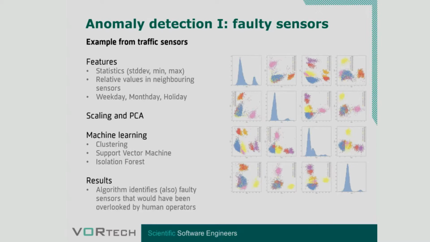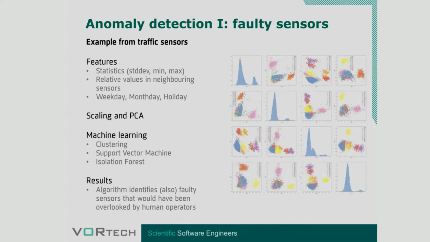So we had very few examples of actual faulty sensors. I mean, there are a lot of those, but this kind of data is not collected on a structural level. So most of the work that we did was in unsupervised approaches, which are basically forms of clustering algorithms. And it turns out that these clustering algorithms are very well suited for detecting suspicious sensors.